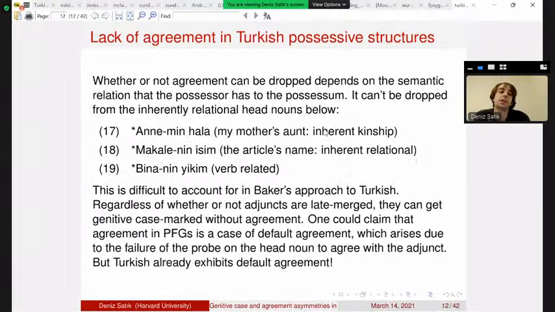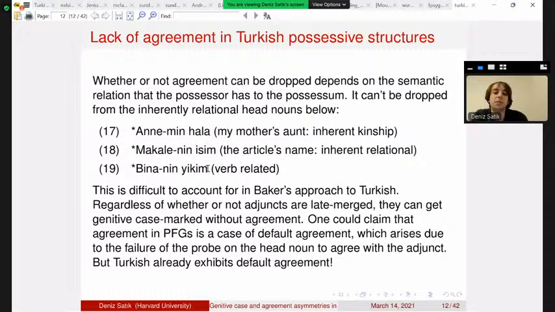But there are cases in which the difference is visible. Whether or not agreement can be dropped depends on the semantic relation between the possessor and the possessum. So it can't be dropped from inherently relational head nouns, like annemin hala, makalenin isim, binanın yıkım.